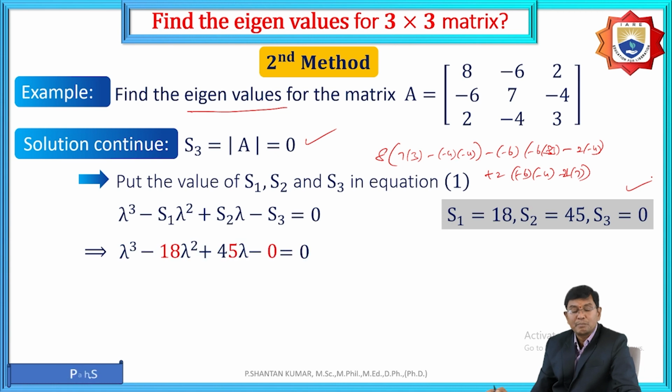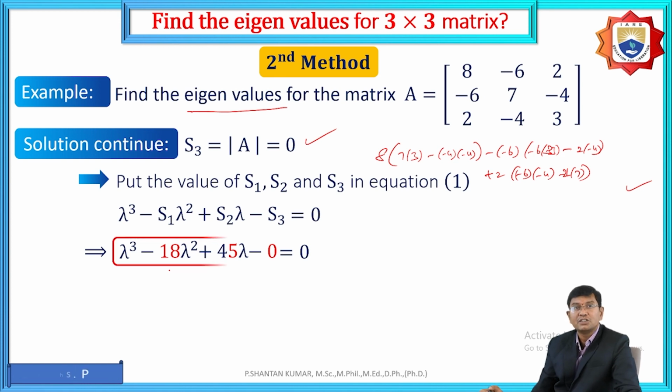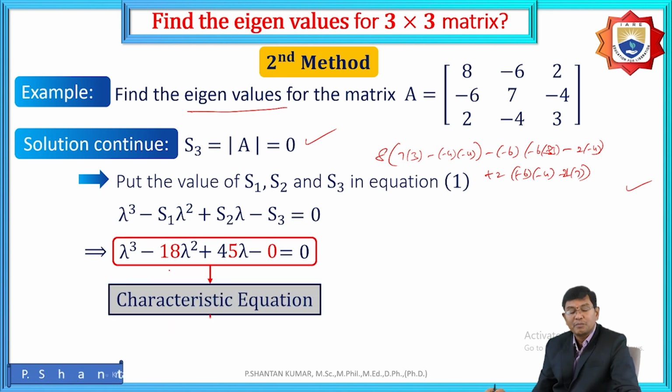After replacement, S1 is 18, S2 is 45, and S3 is equal to 0. Therefore, the equation is lambda cube minus 18 lambda square plus 45 lambda is equal to 0. Now we need to solve.